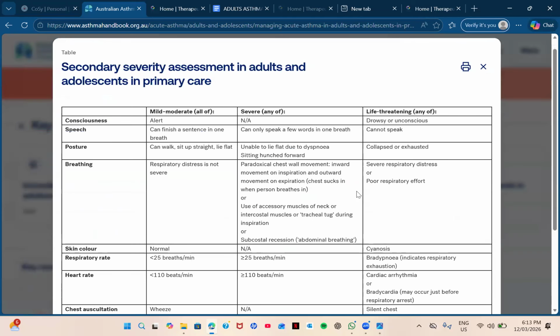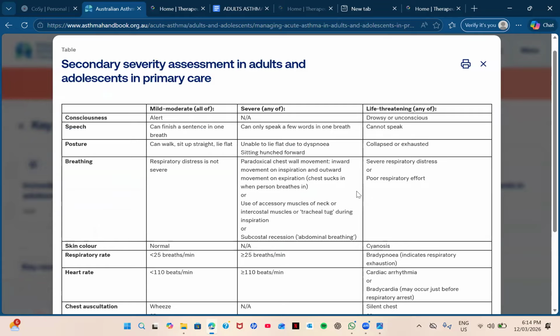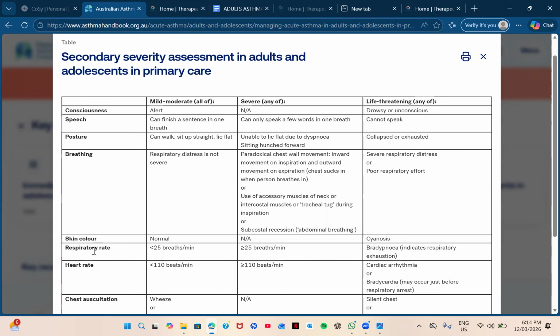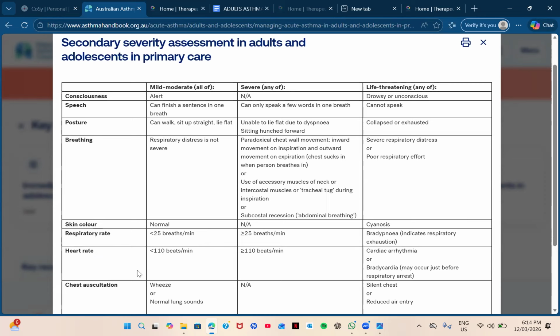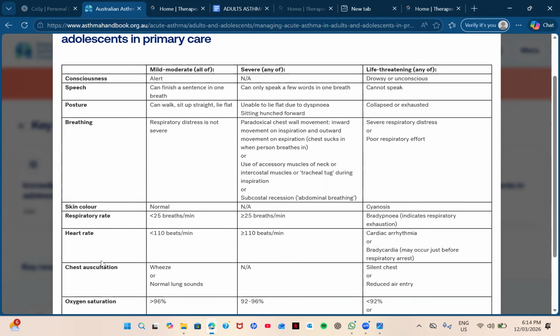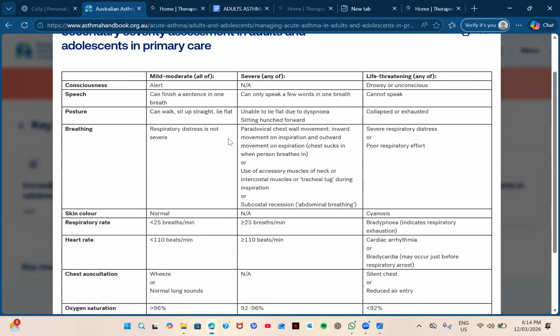Sorry, doctor. Here, this is the secondary severity assessment. After stabilizing the patient, after the immediate treatment is done, then you have to do the secondary severity assessment. So what is it? You are checking consciousness, speech, posture, breathing, skin color, respiratory rate, heart rate, chest auscultation, and oxygen saturation.